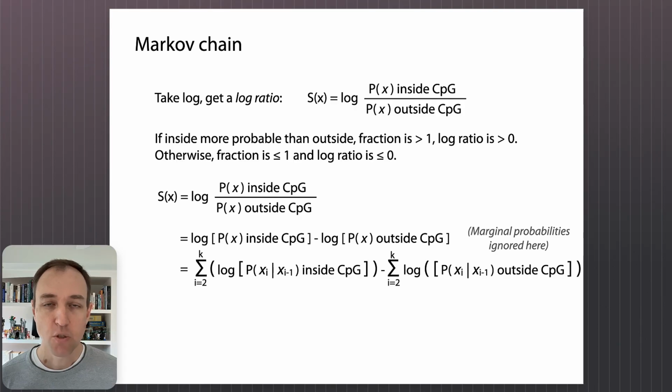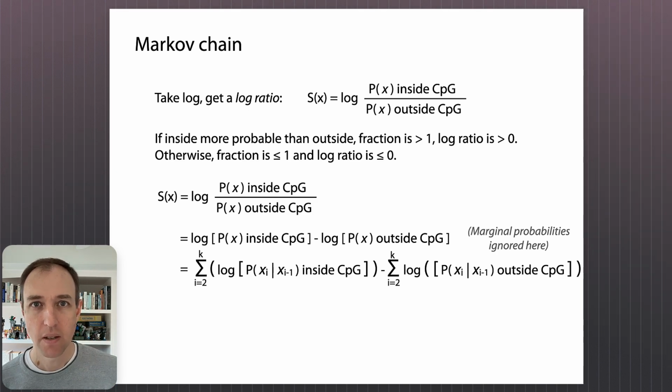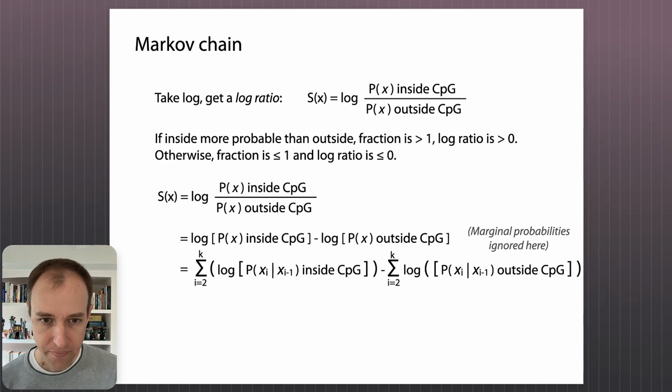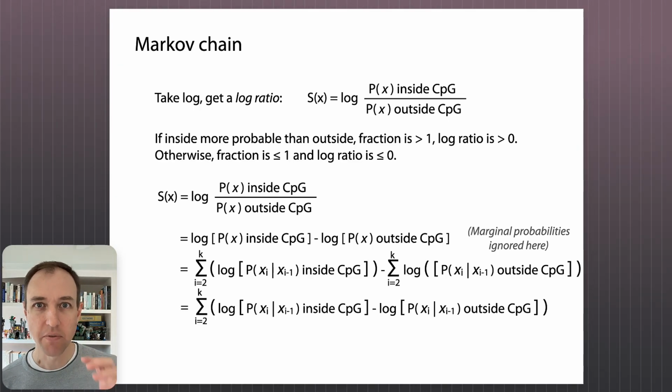Okay, so I've got these two sums. The sums are over the same range. They're from 2 to k. I can actually pair off the terms of these two sums. So I can take the i equals 2 term for both sums and sort of factor them out. And in some sense, I can invert the order of the sum and the difference. And I'll end up with a sum of differences of logs of conditional probabilities, right?